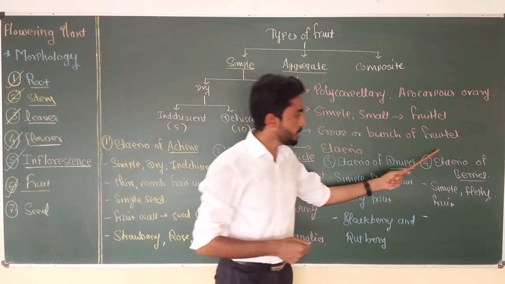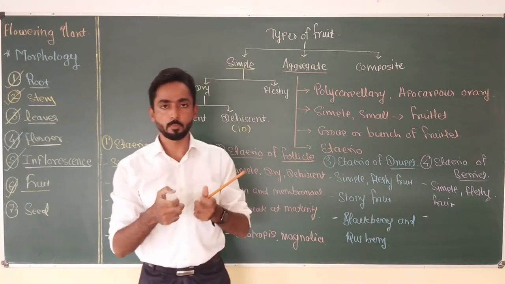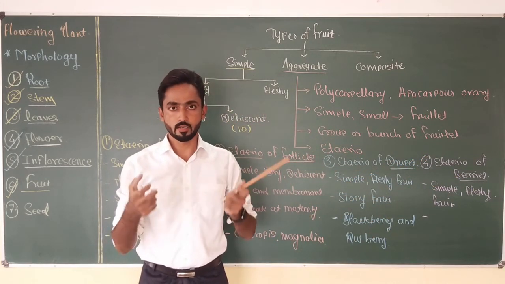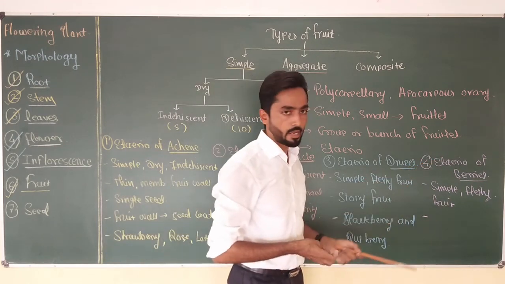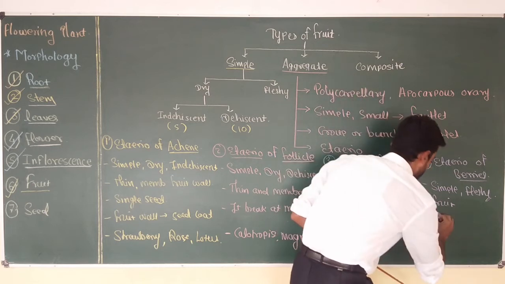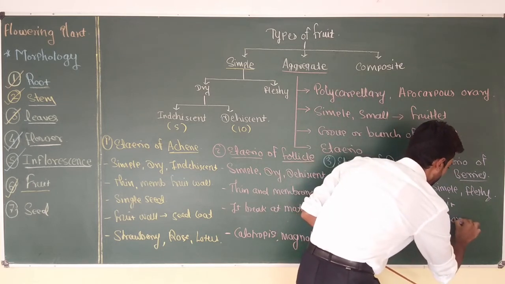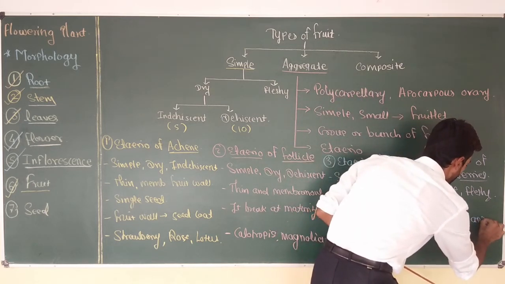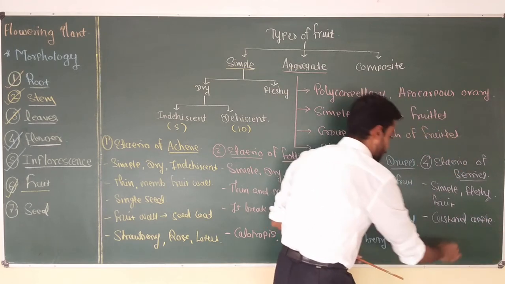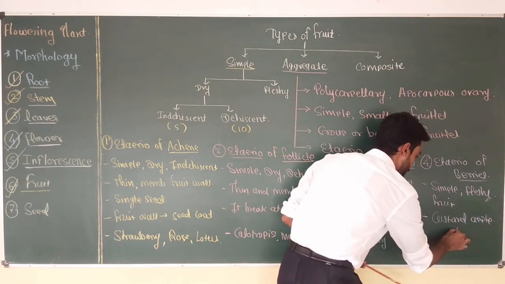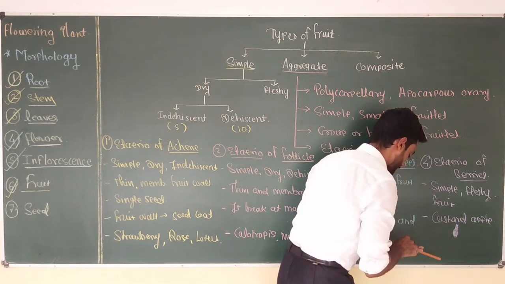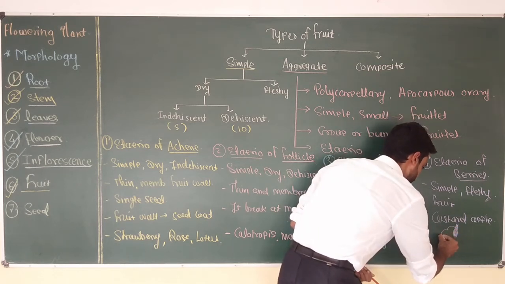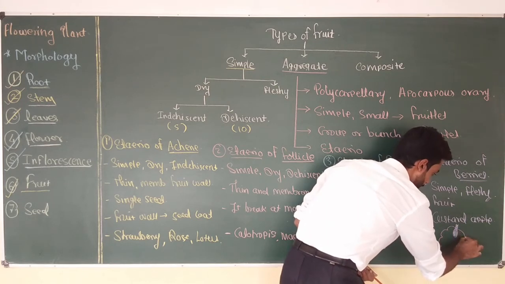Now Etaerio of berry is nothing but a group of berries. Okay, when berries come together, they form a group or a bunch which is called Etaerio of berry, and the example is custard apple. Okay, if we draw the figure of custard apple, suppose I take a longitudinal section of the custard apple.